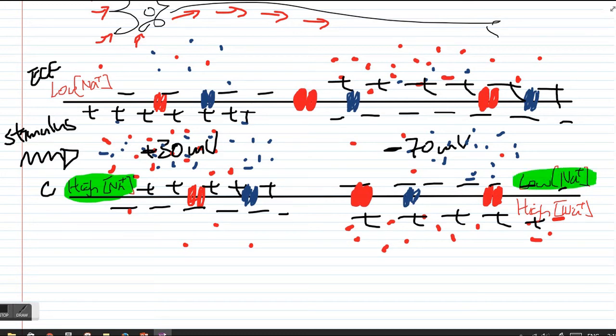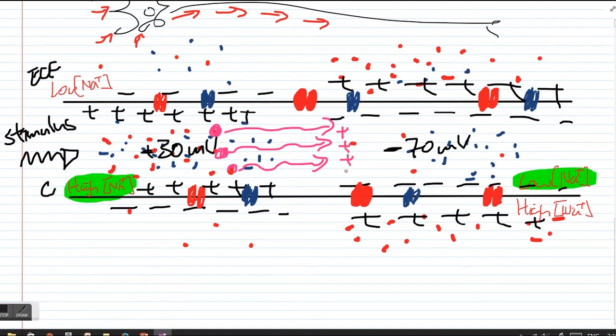So it's not surprising that some of this sodium would like to move forward, right? As that happens, it's going to bring some positive charge farther down the axon, and that will cause the -70 to slowly become -60, pushing the next section over the threshold, and the same thing would happen in the next section as it just did for this current section.